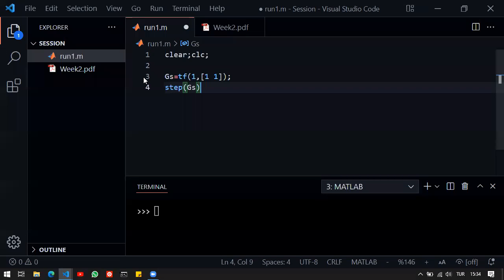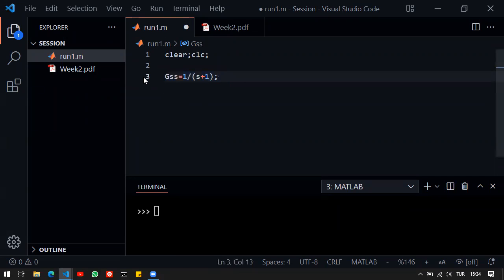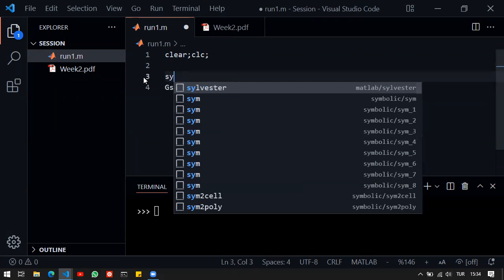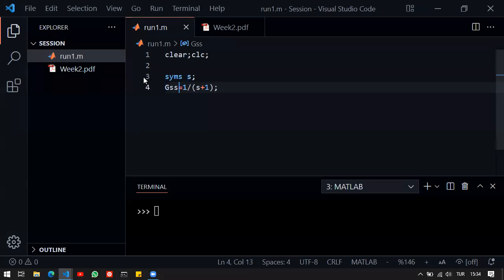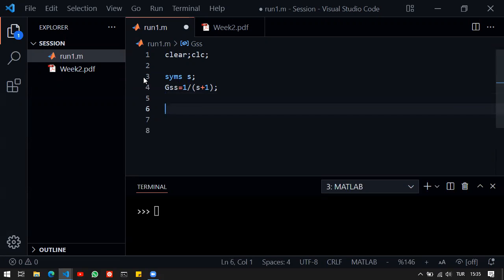And why and how I can conclude this is based on the fact that, let me go back to this one here. Let me define S. It's based on the fact that we are using the Laplace transform. So what I can do is look for the Laplace domain representation of the response, because the transfer function is basically the relation between the input and output.